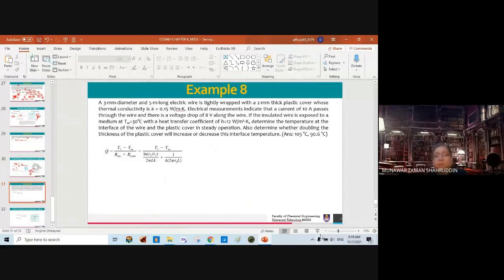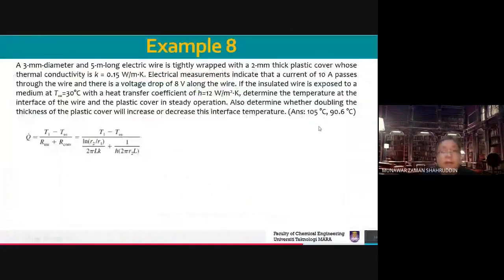Okay. Alright, last example for this chapter. A 3 millimeter diameter and 5 meter long electric wire is tightly wrapped with a 2 millimeter thick plastic cover whose thermal conductivity is 0.15.